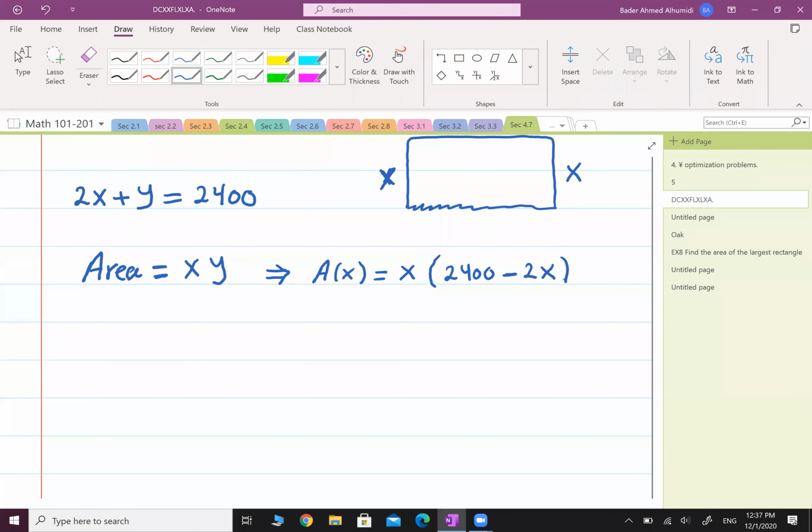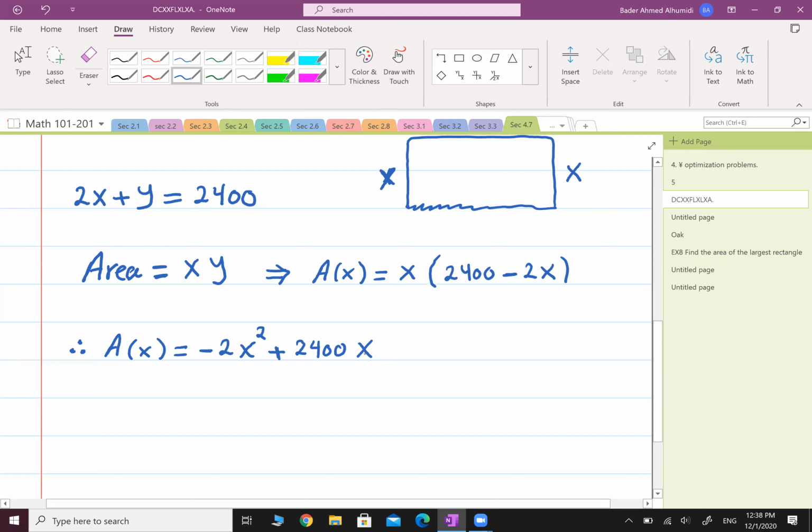Very good. In other words, the area in terms of x is equal to minus 2x squared plus 2400 times x. That is the area. Of course, x is positive here.